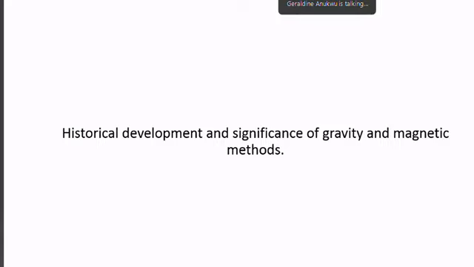Assignment 2 will be a brief summary of the gravity and magnetic methods and their significance. I hope I'm making sense, class. So I need this assignment by next week. By the grace of God, when you're coming to class next week, you should come with this.